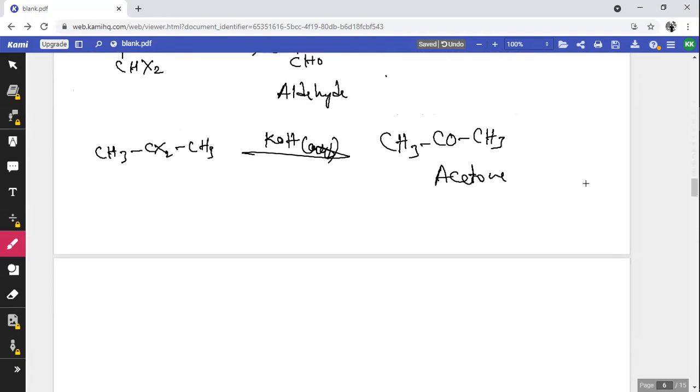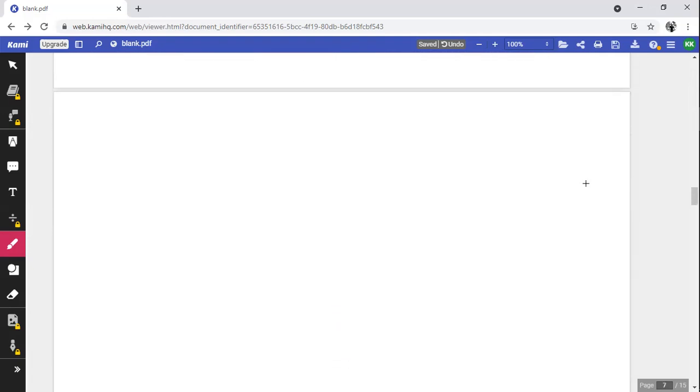Then a reaction with KCN, that is potassium cyanide.